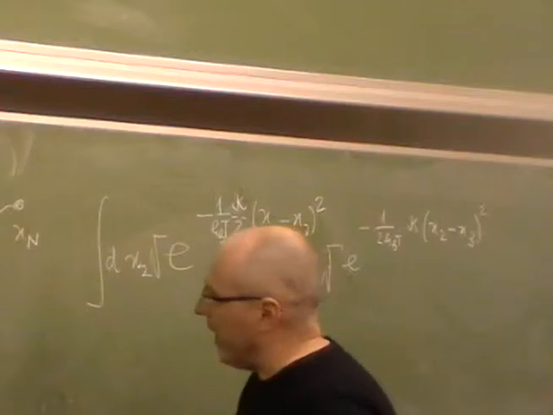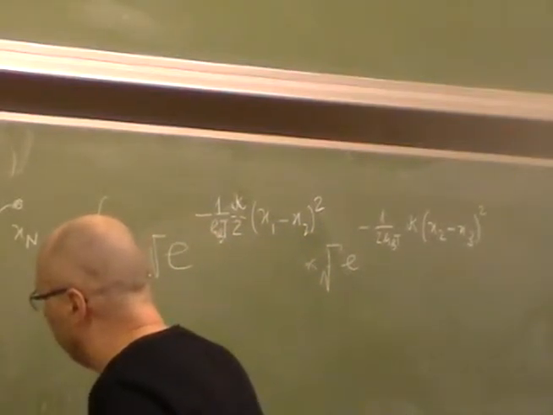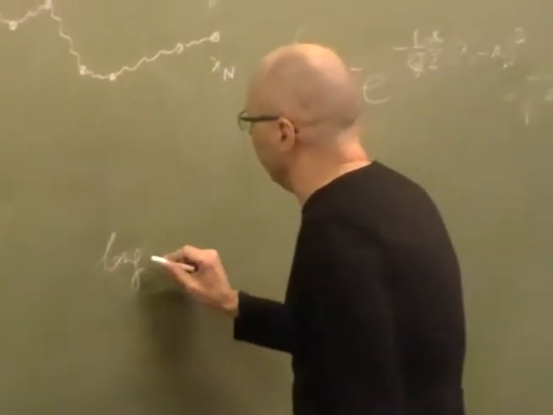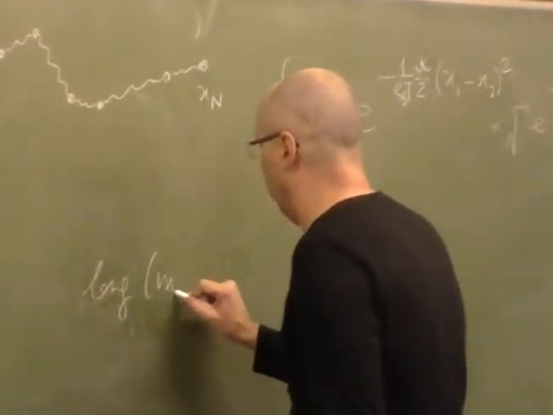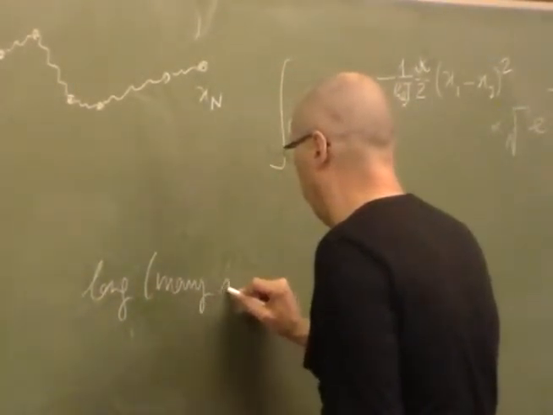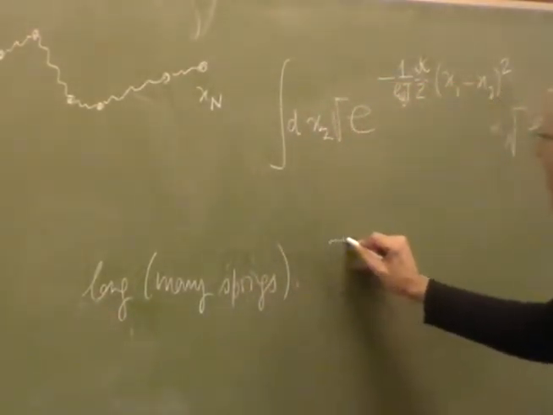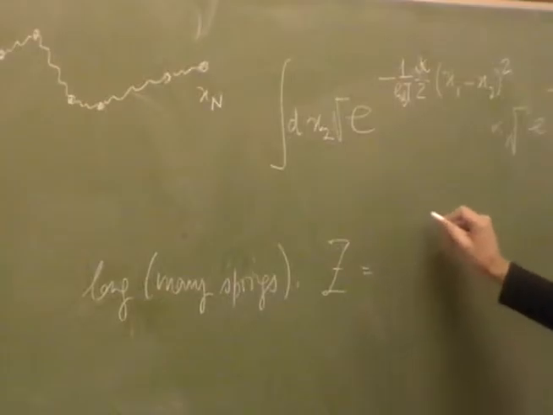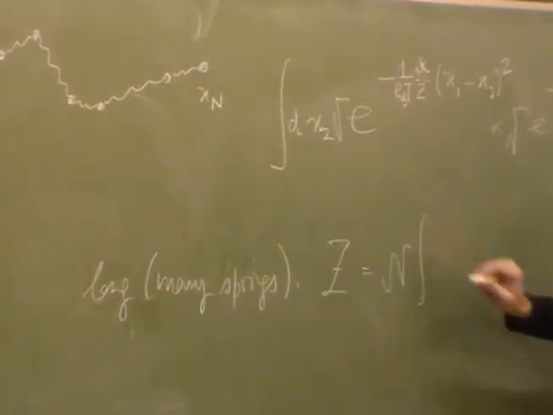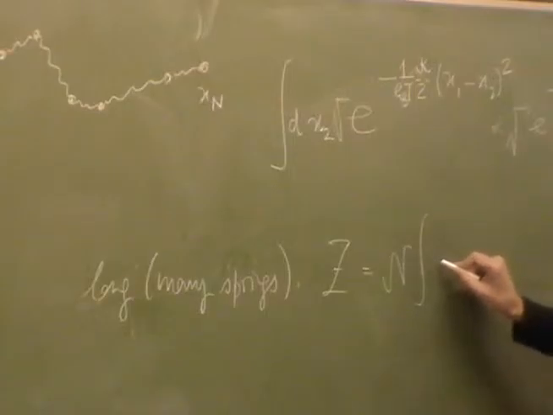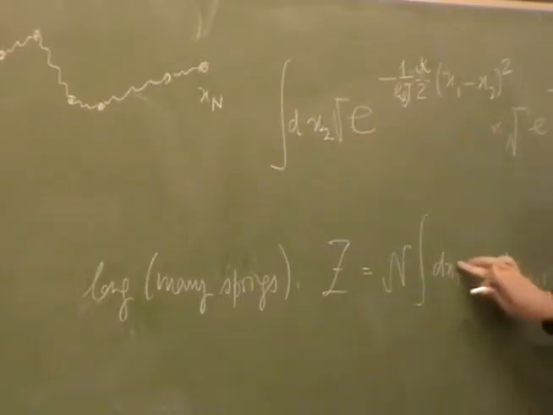But so if we take the complicated system, well, it's not complicated, the long or many-spring system, our partition function should, in principle, apart from some kind of coefficient, depend on the integral of all of the intermediate positions.